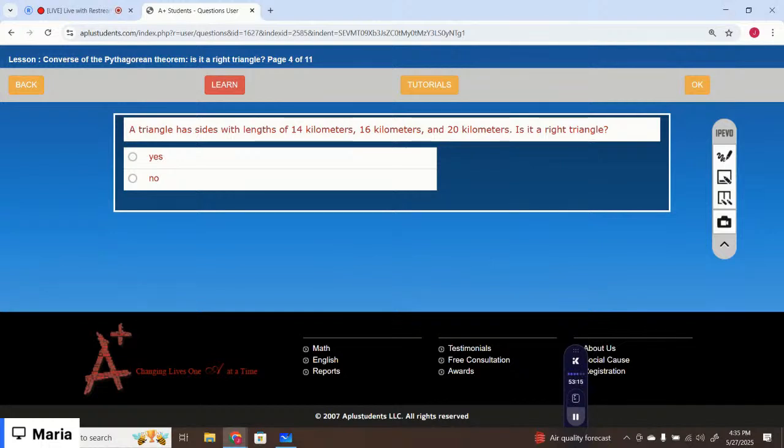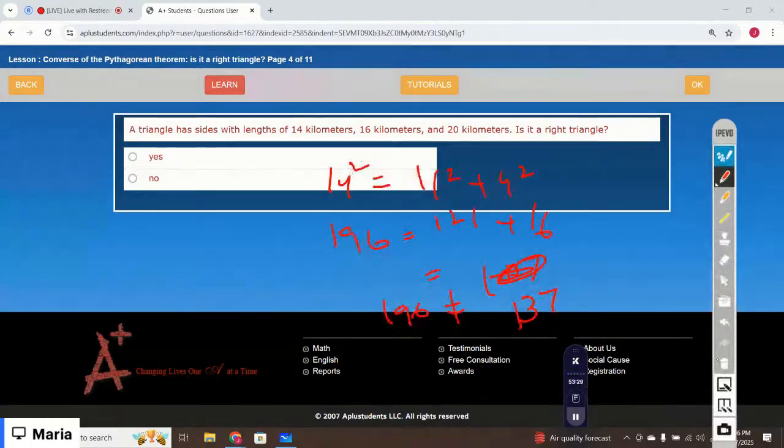A triangle has side lengths of 14, 16, and 20 meters. Is it a right triangle? So that is 20 square equals 16 square plus 14 square. 14 square, I think, is 196.